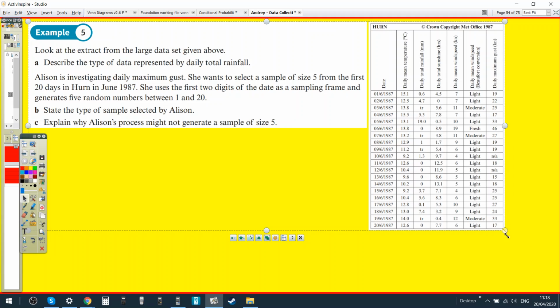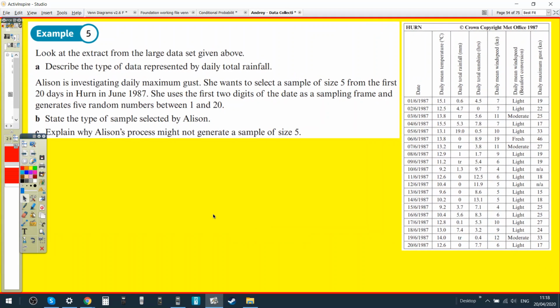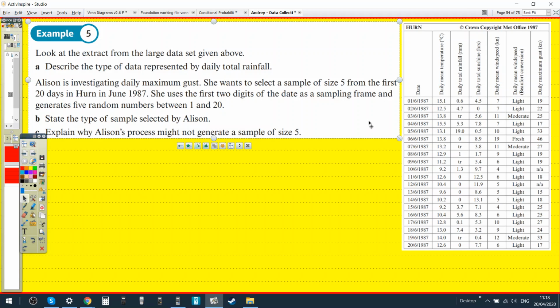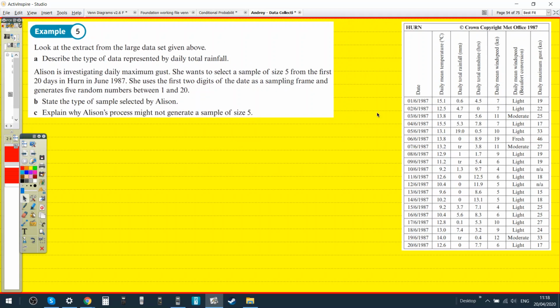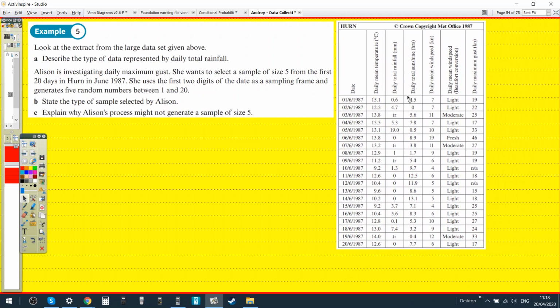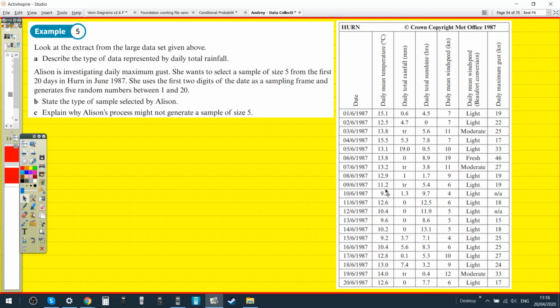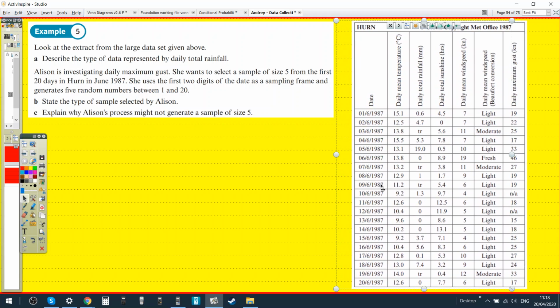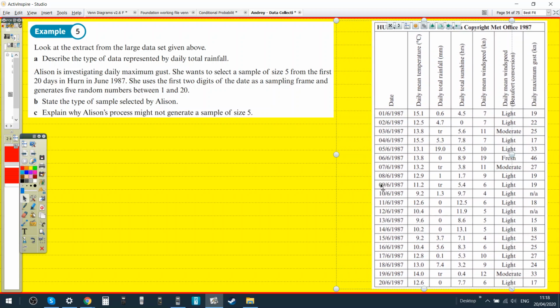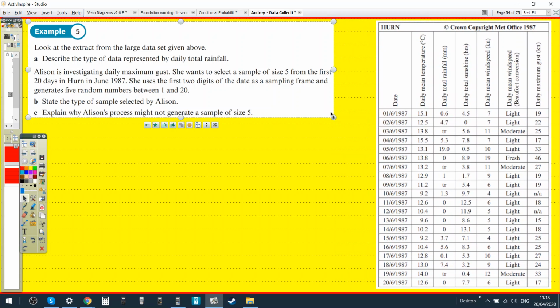Let's try part A. I'm guessing that the quantity.